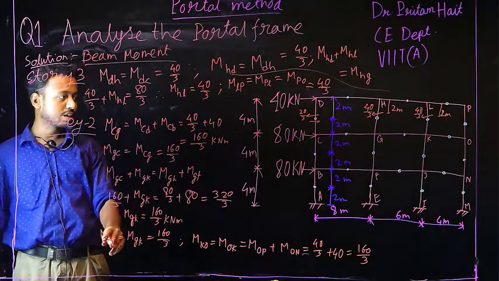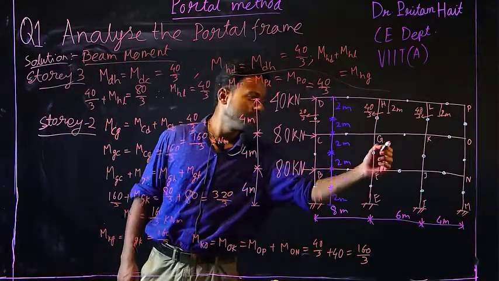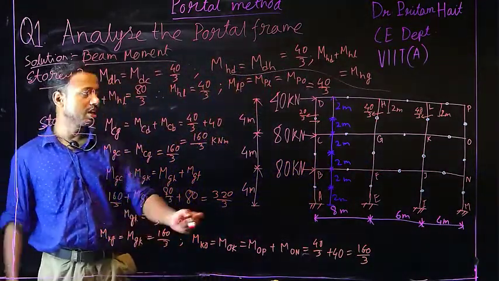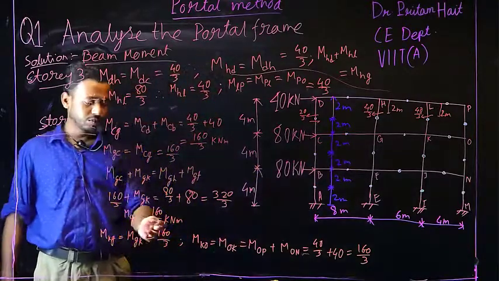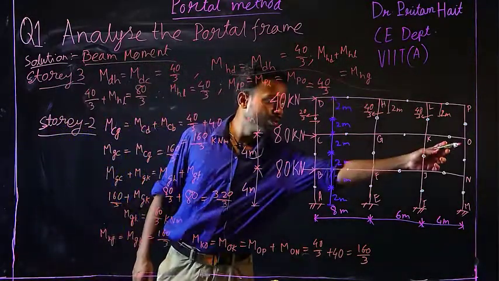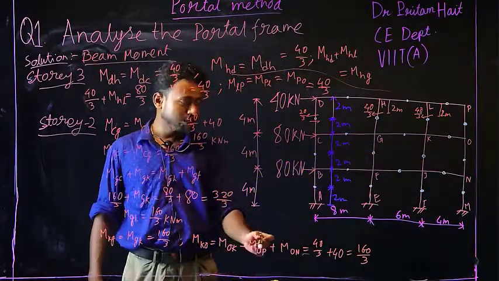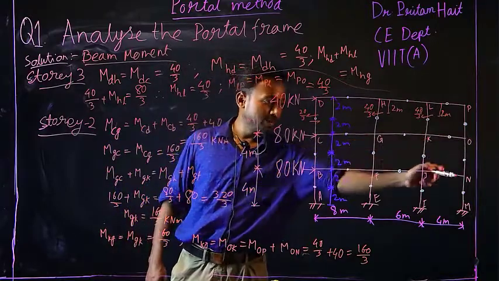Now come to KG member. MKG, this is K, this is G, will be equal to MGK, equals 160 by 3. Now KO, MKO will be equal to MOK will be equal to MPO plus MON.